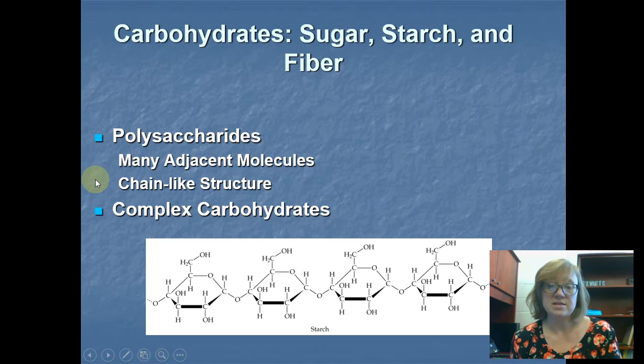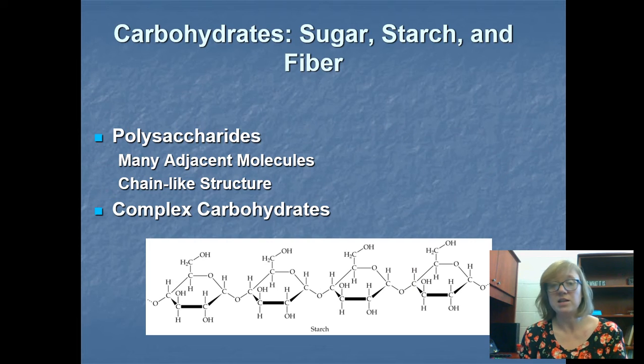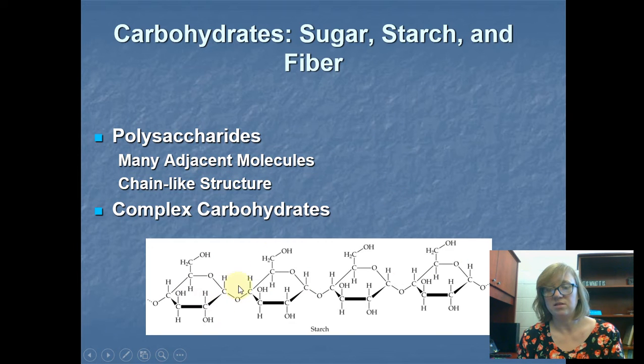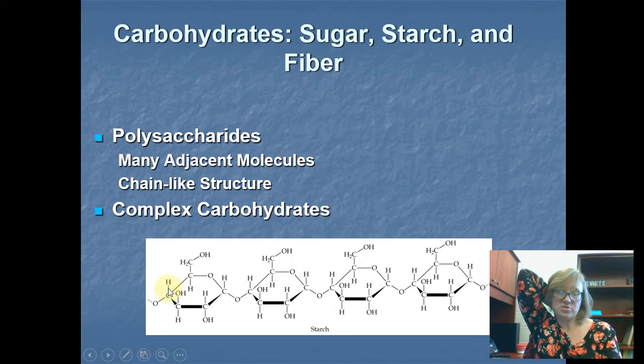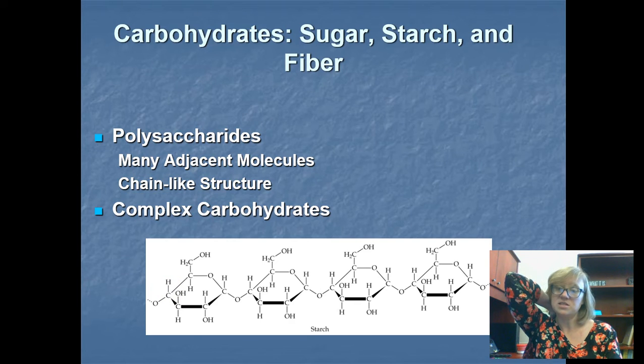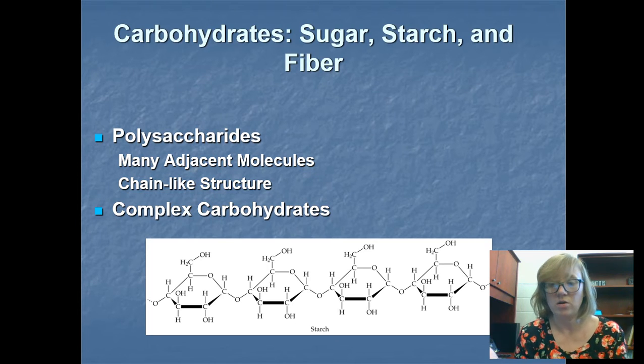So what about polysaccharides? Poly means many, many sugars. A polysaccharide is many simple sugars joined together. They look like they're holding hands. That's what I always think of. And they can make these long chains that we would call complex carbohydrates. In this picture here, for example, that's starch. You can also have something like cellulose. That's what makes up plant cell walls.